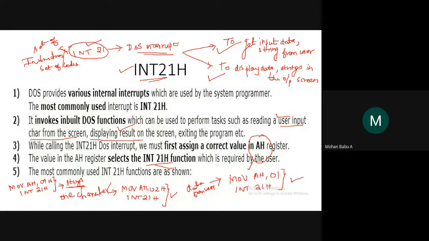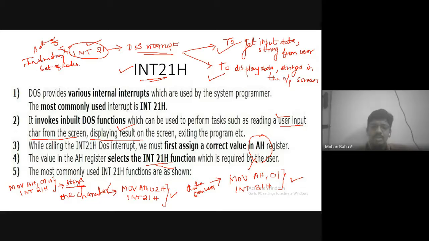Similarly, if you want a character as input to the program, for example if you do some arithmetic operation like add, subtract, multiply, divide, that operation needs some characters. You will need to type MOV AH comma 02. If you assign AH with value 02, this will help you to get a single character as input to the program, INT 21H.